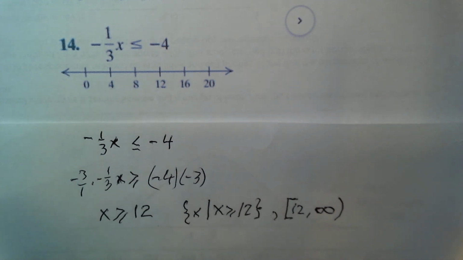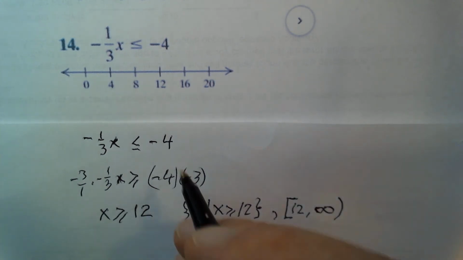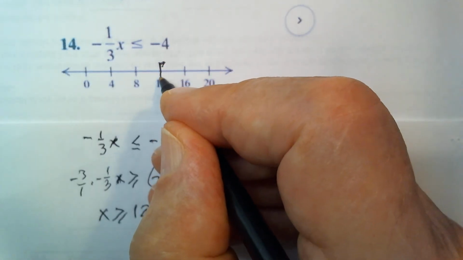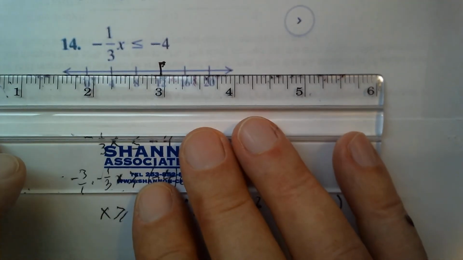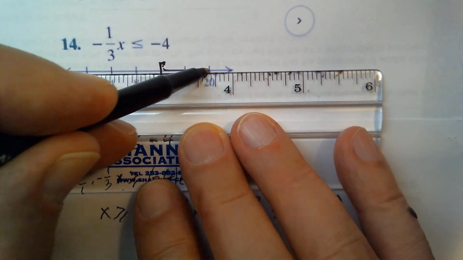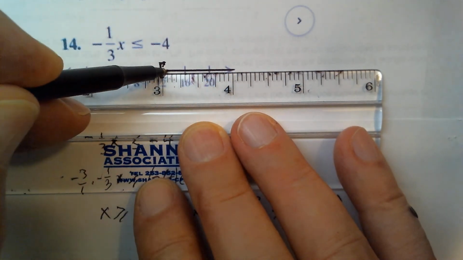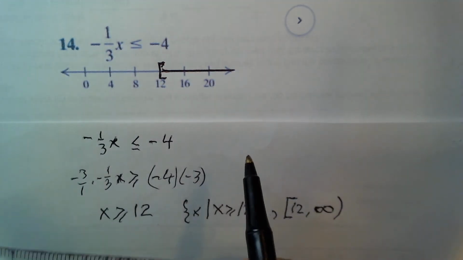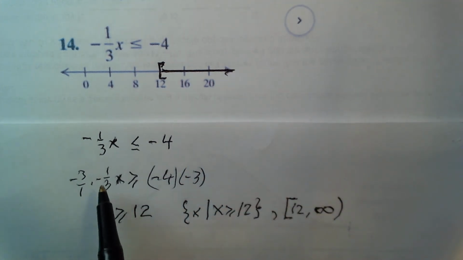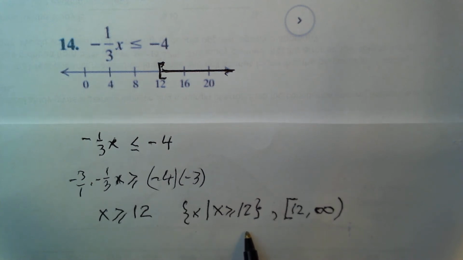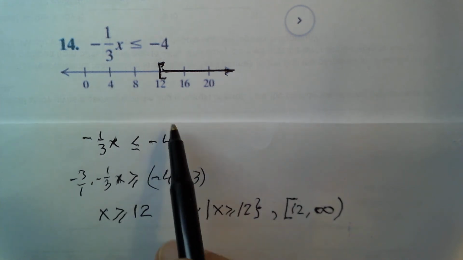And when we graph it above a number line here, we start at 12 with a bracket. And we graph a line all the way to the right to indicate symbolically positive infinity. So here we have the step-by-step solution. We have the solution set in form of a set, in form of an interval, and in form of a graph.